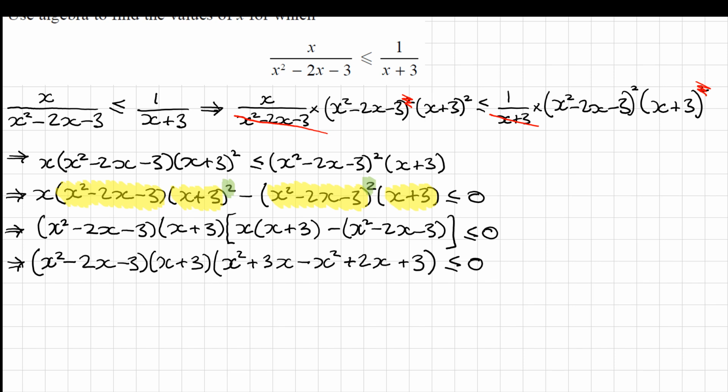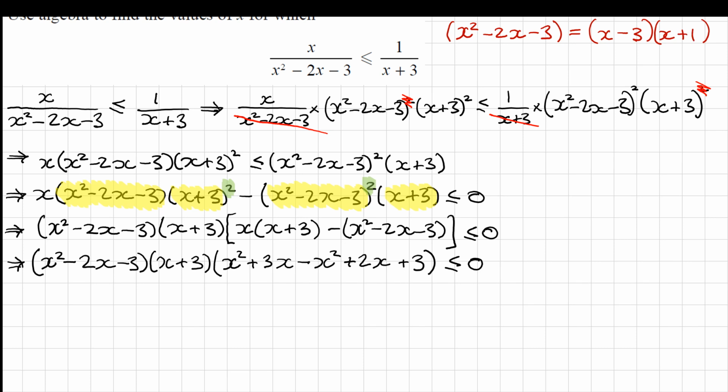Now I want to get to a point where I can factorize any quadratics or anything like that. So at this point here, I'm going to factorize x squared minus 2x minus 3. That is going to be x at the beginning of both brackets, and I want to get minus 3 and minus 2, so minus 3 and plus 1.